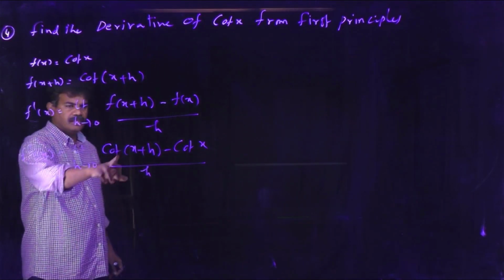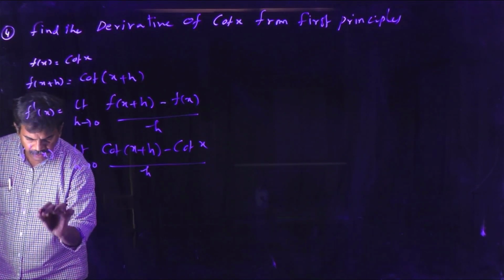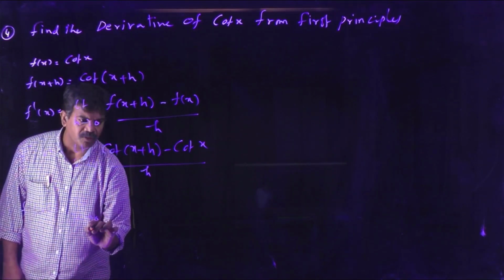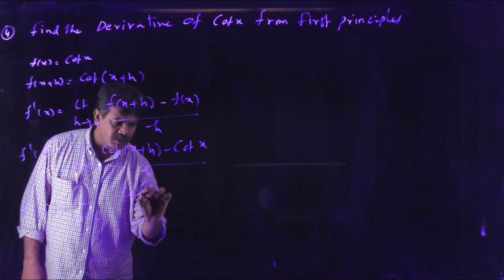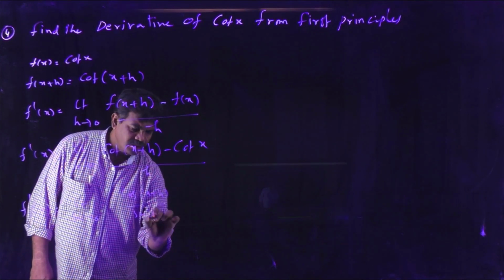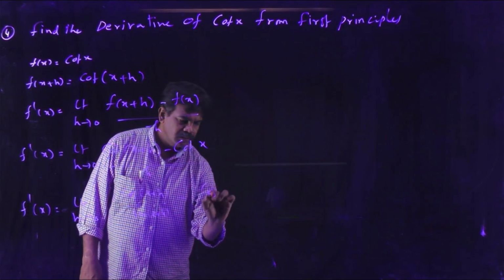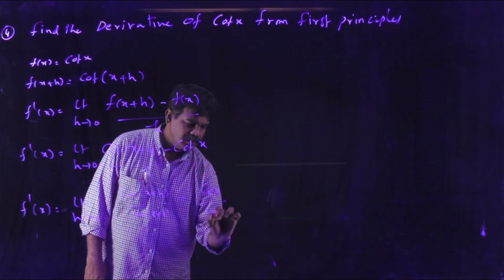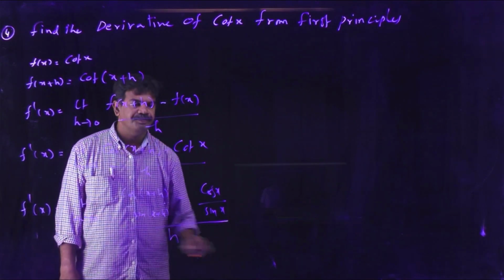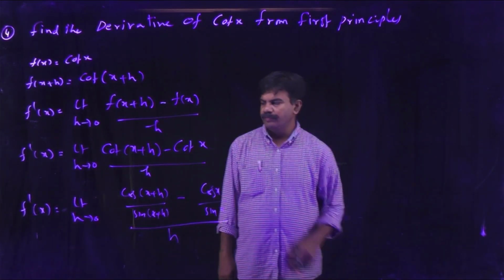We know that cot means cos by sin. That is f dash x is equal to limit h tends to 0. We write cos of x plus h by sin of x plus h minus cos x by sin x by h. In numerator, we take the LCM.